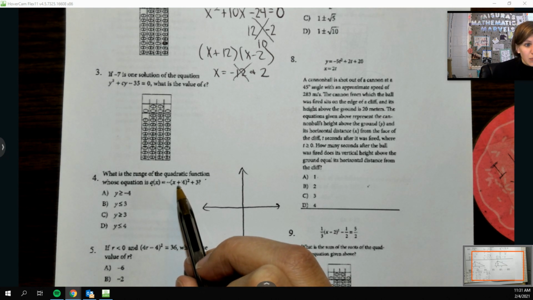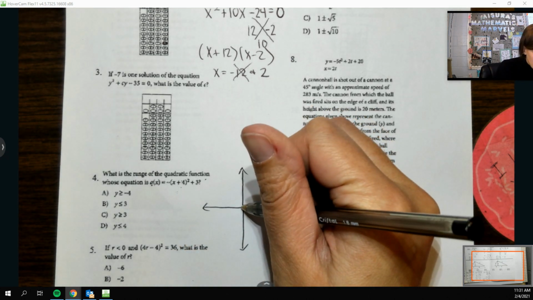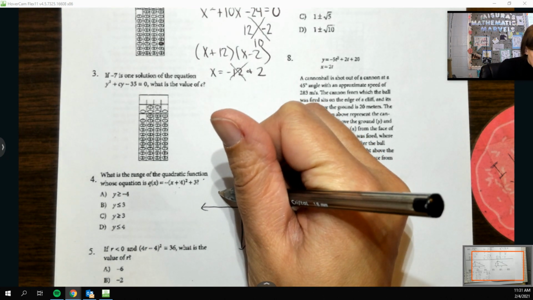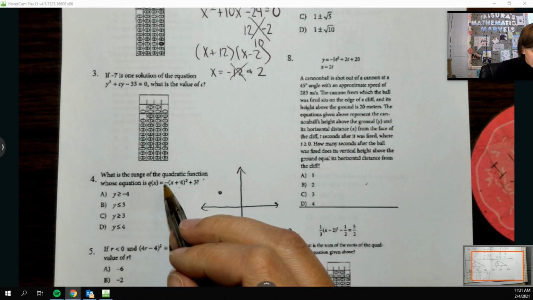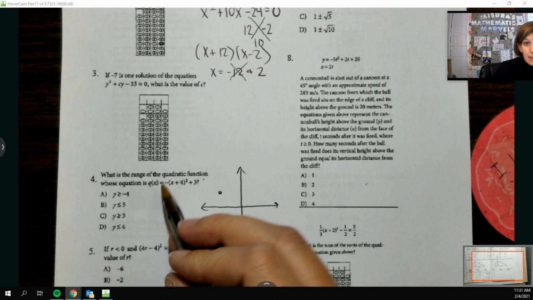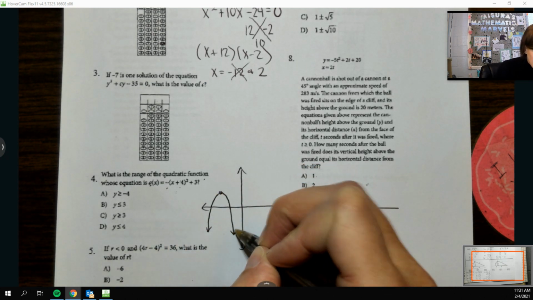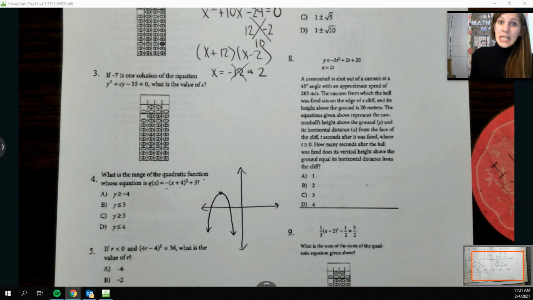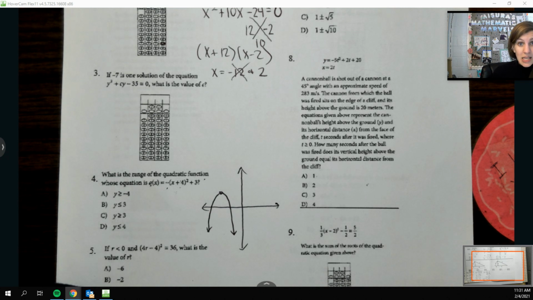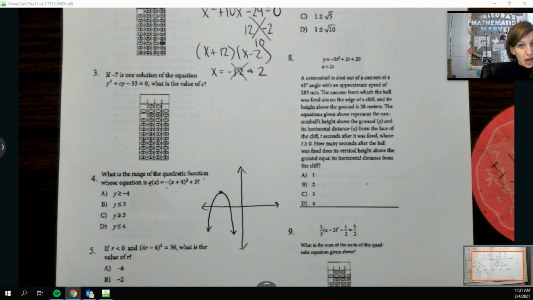It's negative 4, 3. So negative 4, 3 puts me about here. And the negative tells me that the parabola is pointing down. So kind of like this. It doesn't have to be a super duper sketch, but that gives me an idea of what my quadratic looks like. And that's helpful because range tells me all the y values that this graph is covering.